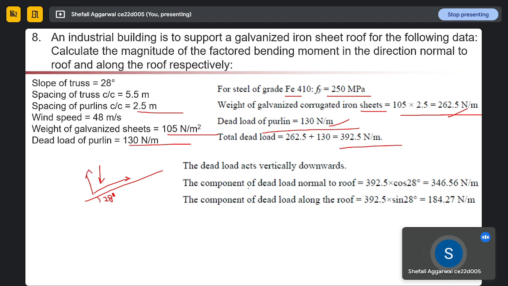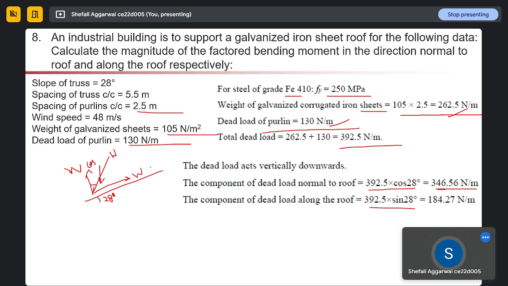The component of dead load normal to the roof is given by multiplying by cos theta, which gives 346.56. The component of dead load along the roof is given by multiplying by sin theta. If you draw it like this, this is 28 degrees, then this will be 28. This is our weight, and this will be our W cos theta.